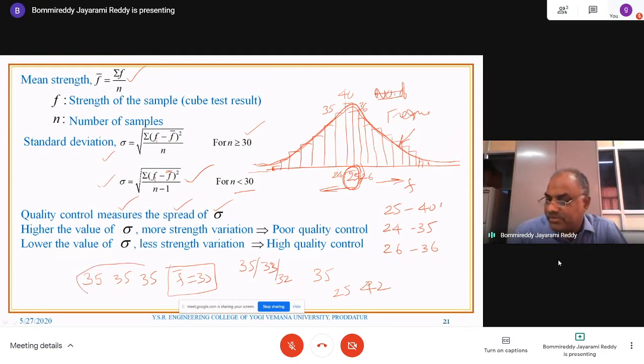Or if you consider all three as 35, 35, 35, in this particular case sigma itself is 0. There is no variation at all. That means the quality is very high. So when sigma is small, quality is very high. When sigma is more, the quality of the strength of the cubes is less.